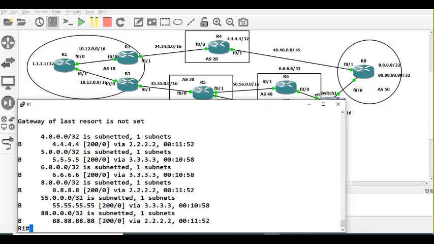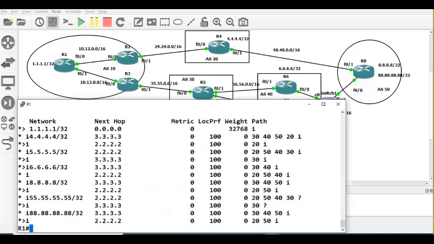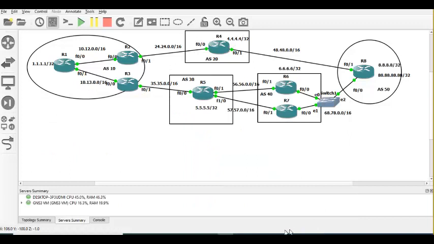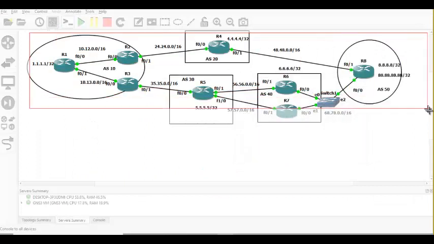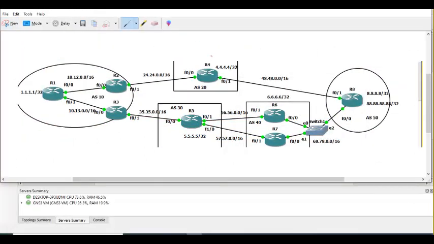It is all because of the AS path, you see. To reach 4.4.4.4, going via 2 is best because of the hop count, just one hop. See the picture? 4.4.4.4 is right here, so it is just one hop.